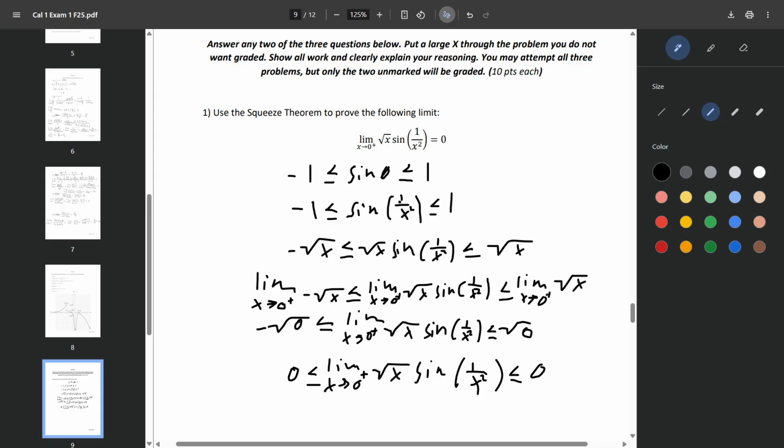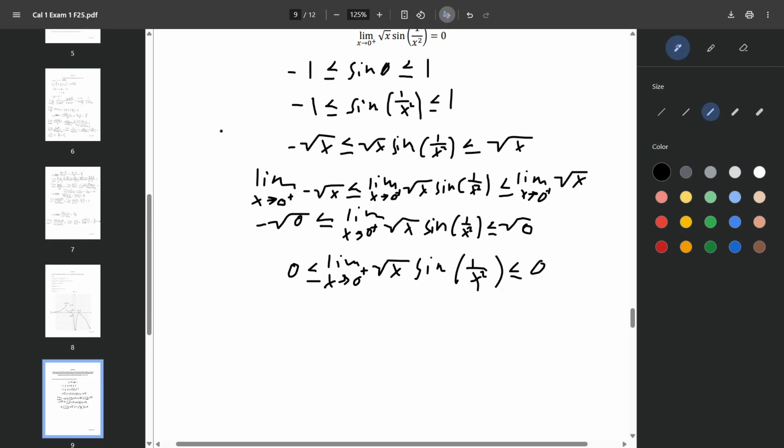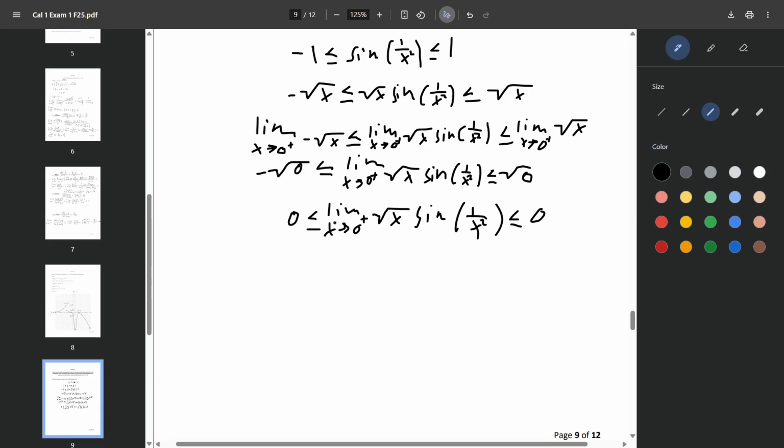And we are going to be using the squeeze theorem. It dictates that if your value is in between these two values, then the only possible solution is that this entire expression must be equal to 0, because the only value between 0 and 0 is 0.